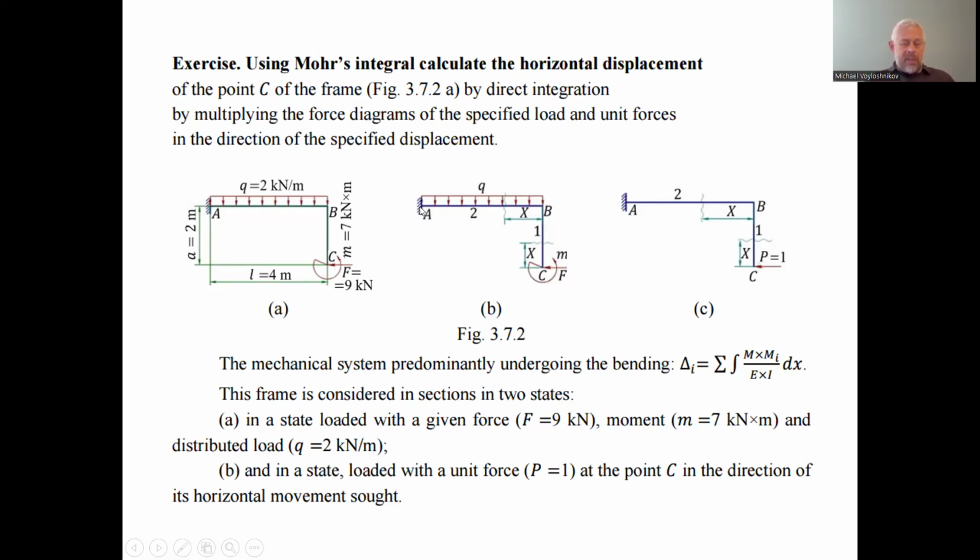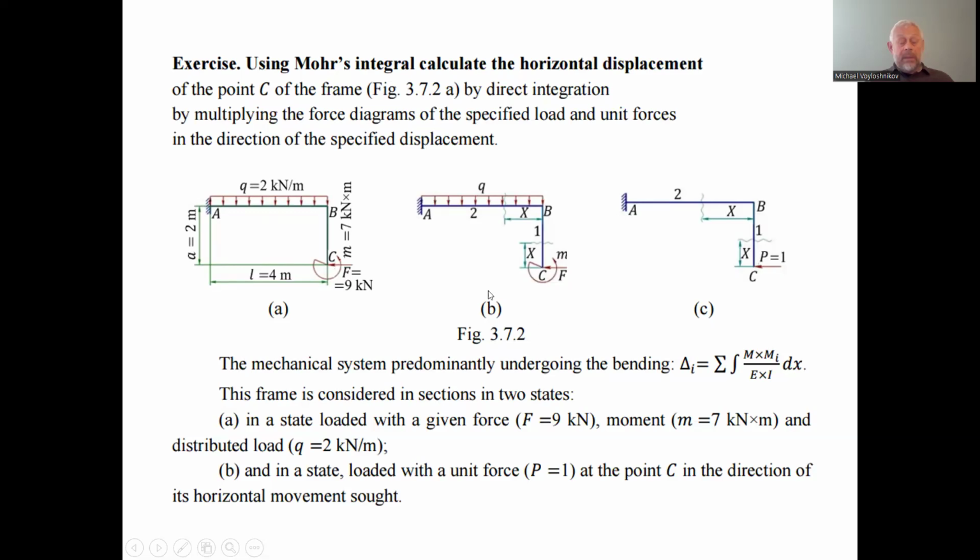It's not a big difficulty. Yes, we can also go from left to right, not so much important, but we will go from right to left. If you would like to go the other way, we first have to find the components of the reaction in the embedding A, and the support rotation moment in the embedding A.